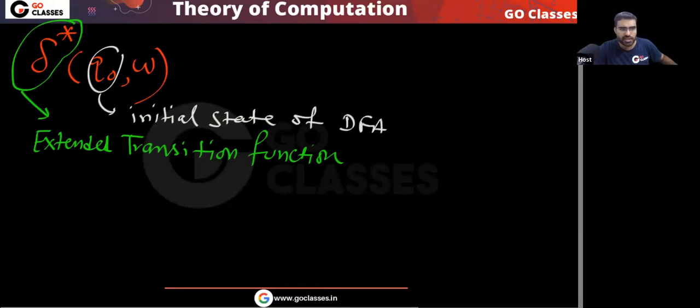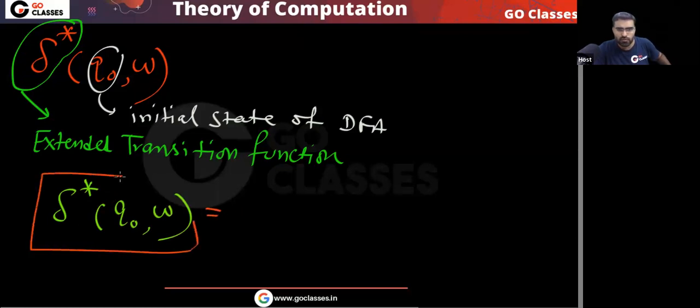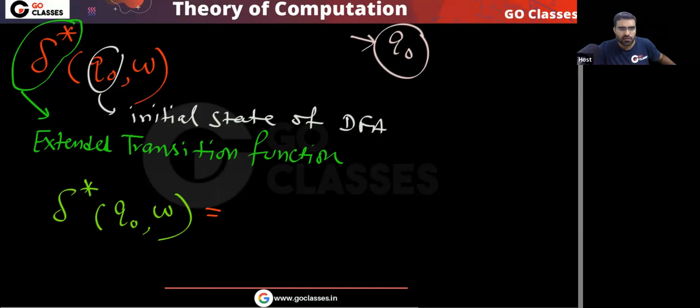Now, what does this entire thing mean when I write delta star q0 comma w? This is equal to the state where your DFA will go when you read string w. Remember, what is delta star q0 comma w? It means that from state q0, your initial state, when you read this entire string w, in which state will you go?